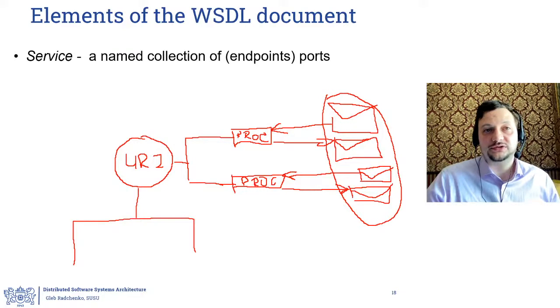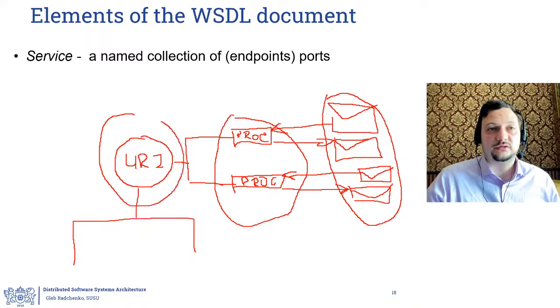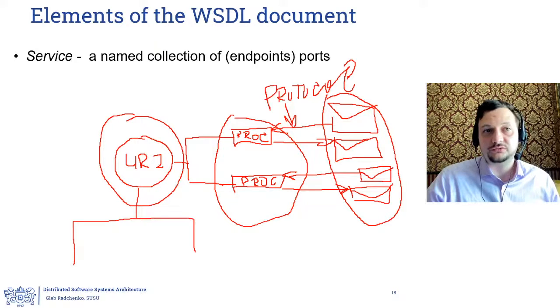Messages that we need to send to get the execution of the remote procedure and to get the result from the remote procedure. The names of the remote procedures, the URI of the remote server and the service, and the protocol how to organize this message delivery to the remote server.